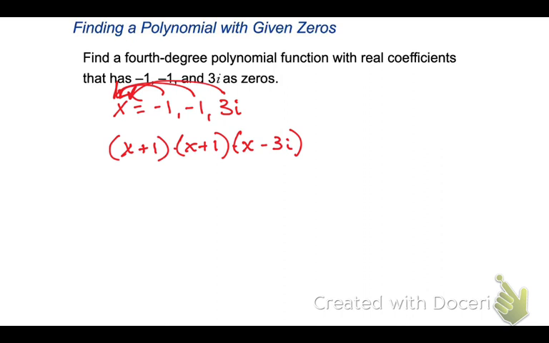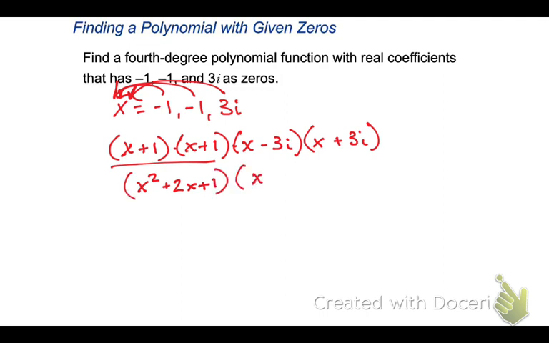So what do I also know? x plus 3i. And then I'd multiply out. So this would be x squared plus 2x plus 1. And this would be x squared plus 9. I skipped because it'd be x squared minus 9i squared, which would make that a positive.